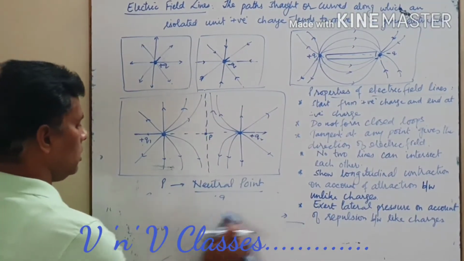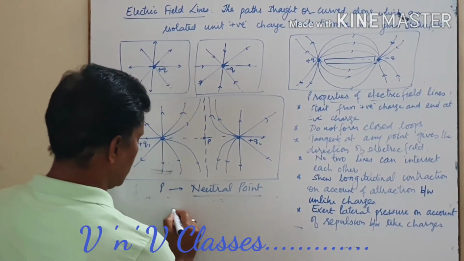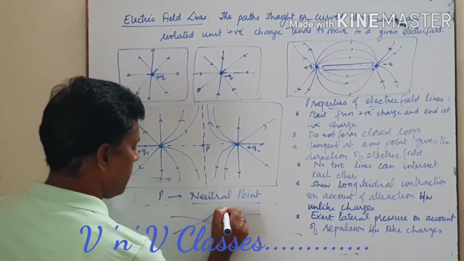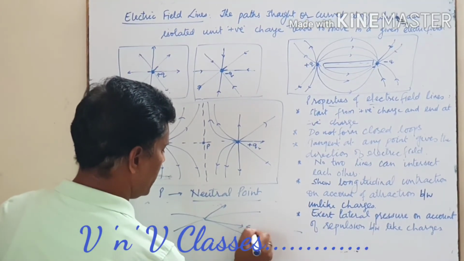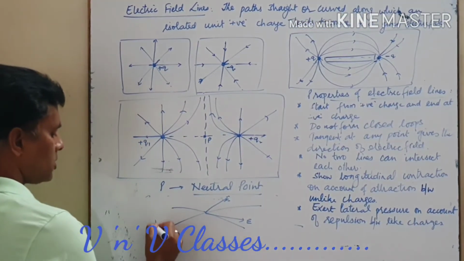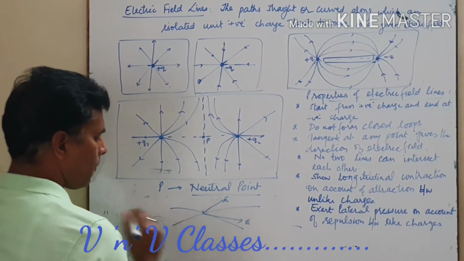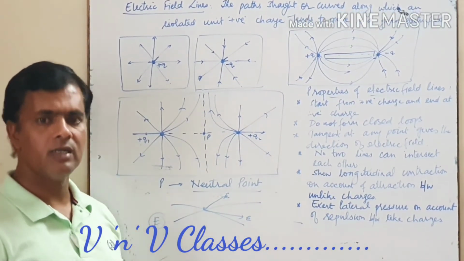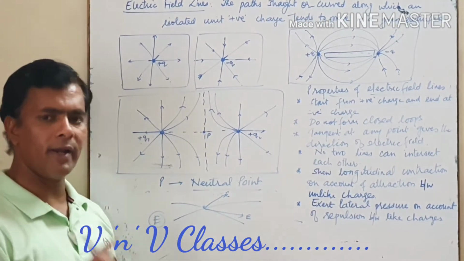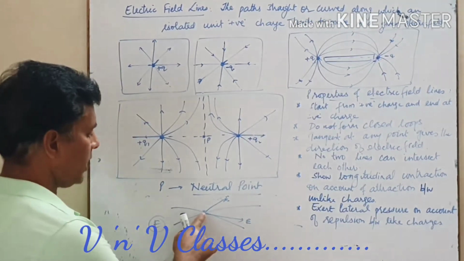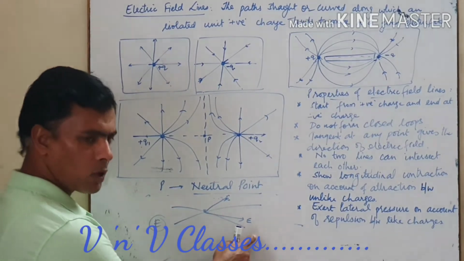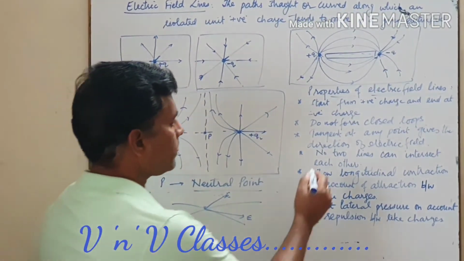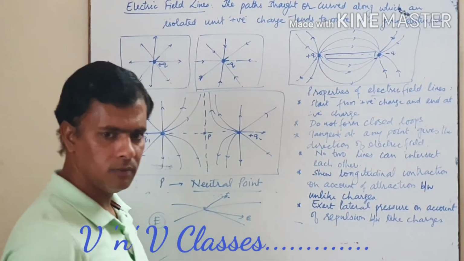If we have two lines of force intersecting each other, then at the same point there will be two possible directions of electric field. Now the same electric field at one point cannot have two directions. So that is why this condition is not possible, which means intersection is not possible. That is why they never intersect each other.